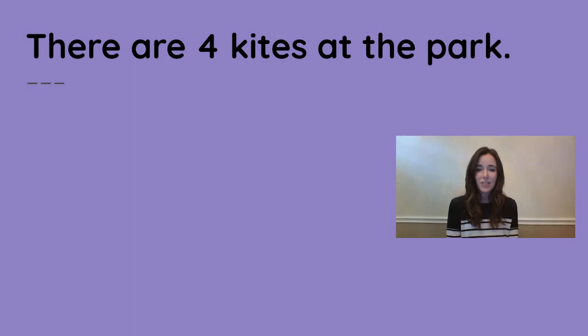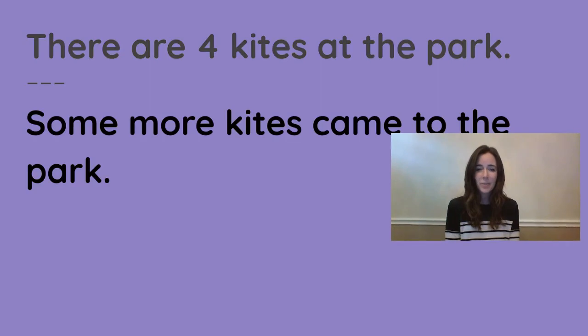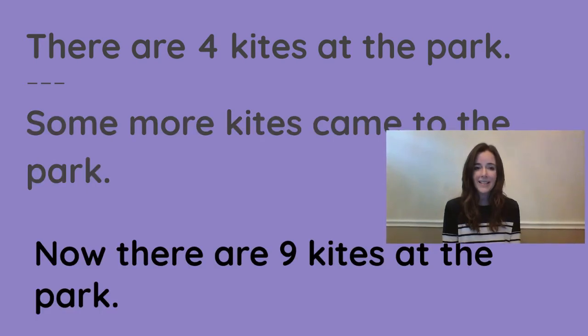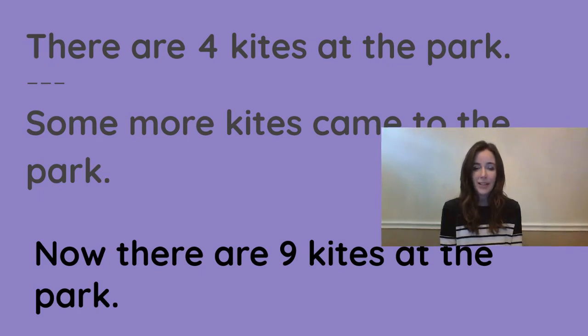Let's go back and read the story problem again. It said there were 4 kites at the park, but some more kites came to the park. Then there were 9 kites at the park. How many more kites came to the park? If you know the answer, show it on your fingers now.